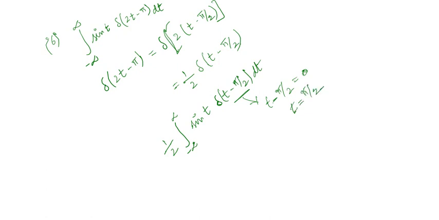So 1 by 2 sine pi by 2. Sine pi by 2 is 1, and the answer is 1 by 2.